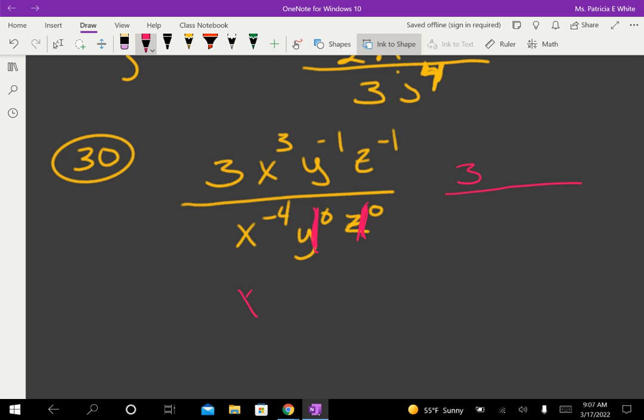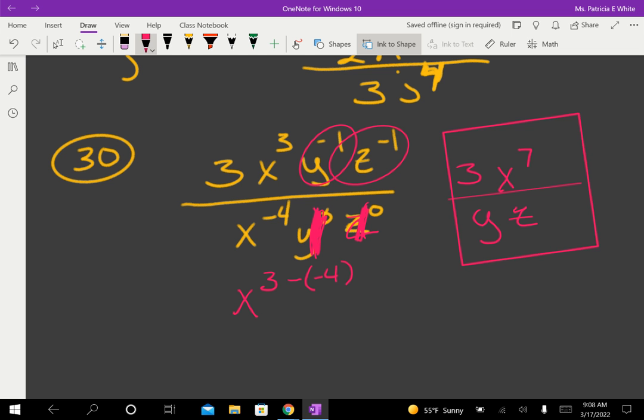I have x to the 3 minus negative 4, which is going to give me x to the 7th, and it's positive. I have this y. There's no other y's because this was just a 1, so that's got to go down. And this z was just a 1, so I only have this one z, so that's got to go down. So my final answer on this one is 3x to the 7th over yz.